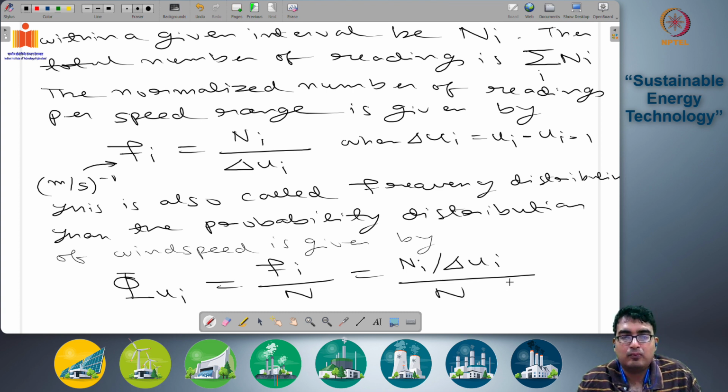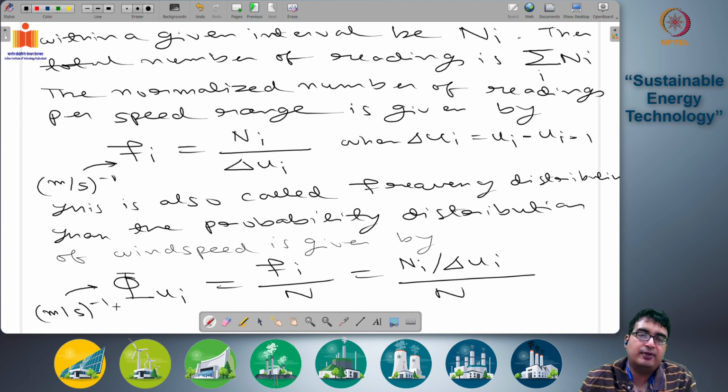Okay, this is the probability distribution of wind speed for the ith interval. Again the unit here, remember, is meter per second inverse. Okay, so this is the PDF of the wind speed.